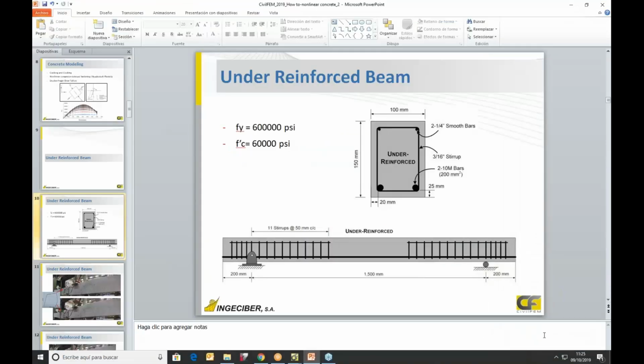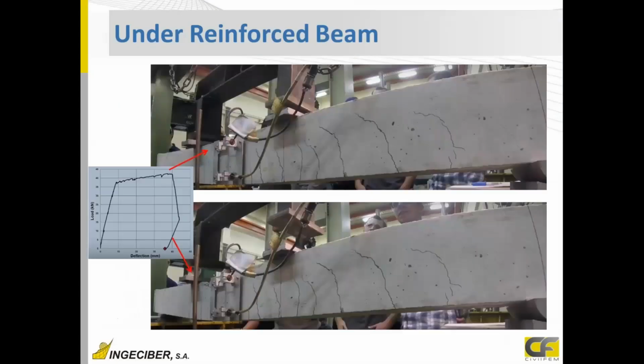You can see we can monitor each step of the analysis. Here are the tests that were done, and you can see the horizontal branch, which is between 35 and 40, close to the CivilFEM results. High cracks start mainly in the center and are vertical, so they are not high shear cracks, so it's mainly bending. And then when we have this sudden collapse, you can also see a piece of concrete broken due to compression.